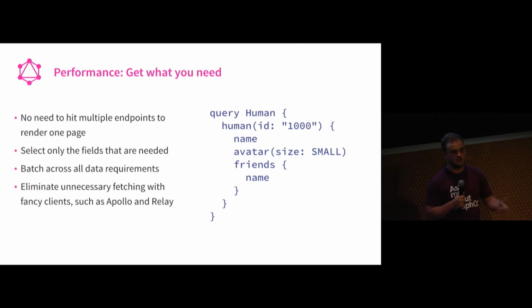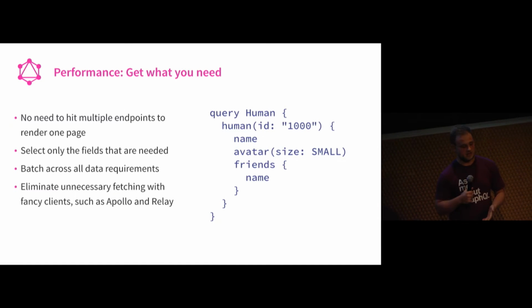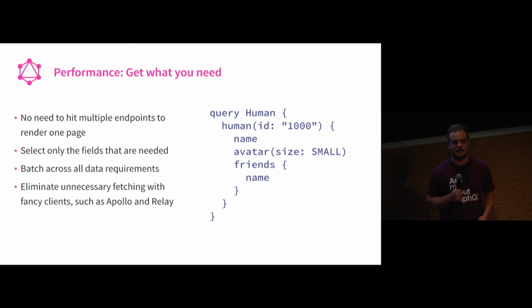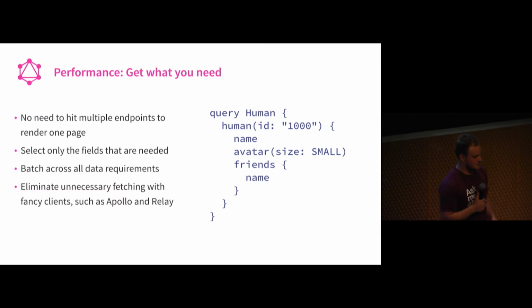You only ask for the fields that you actually need, which means that you don't have to fetch potentially expensive stuff that the UI is not even using. You can look at all the requirements up front and batch them so that you do fewer reads from your database or your cache. And on the client, there's a lot of fancy tools like Apollo and Relay that will let you integrate with your UI more easily and write your queries declaratively and have them show up basically automatically.